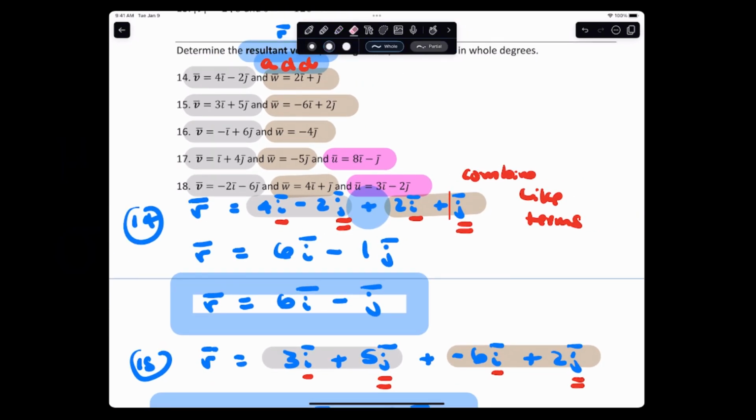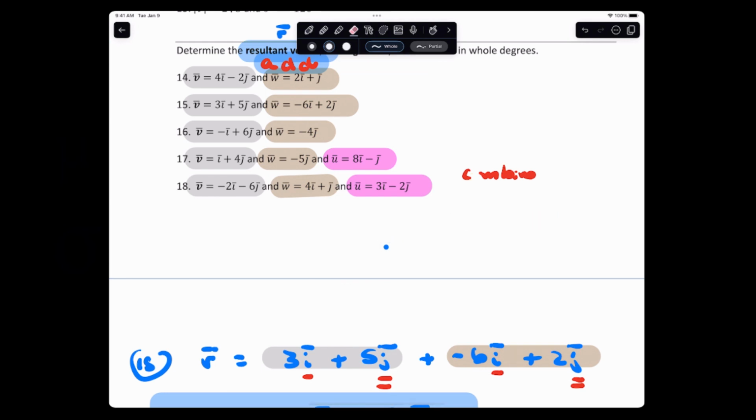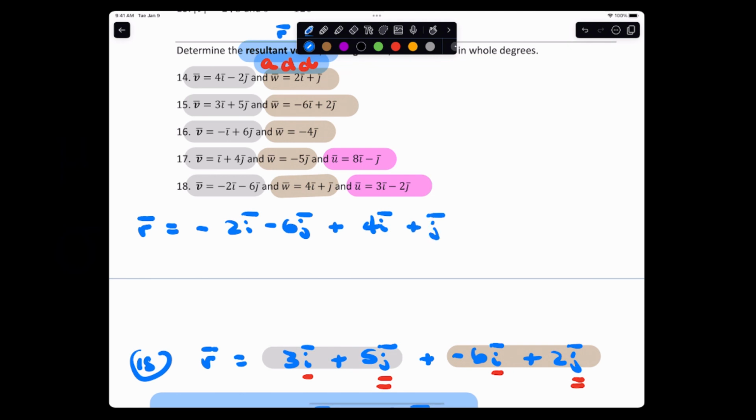Combine like terms. Let me try to do it right in here. See if we can squeeze it in. So vector R, ladies and gentlemen, will be negative 2i minus 6j plus 4i plus j plus 3i minus 2j.